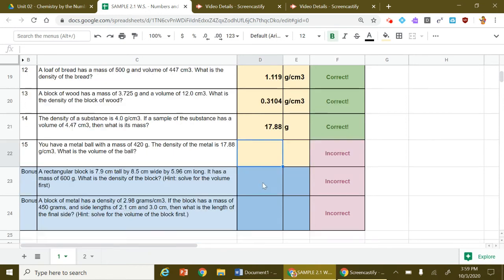This is the trickiest one. So, you have a metal ball with a mass of 420 grams. The density of that block is 17.88 grams per cubic centimeter. So what is the volume of the ball?